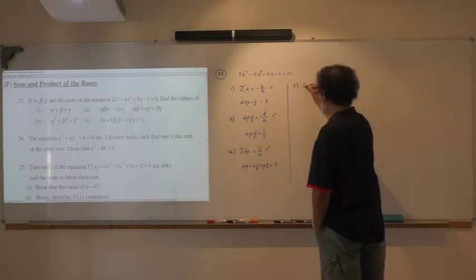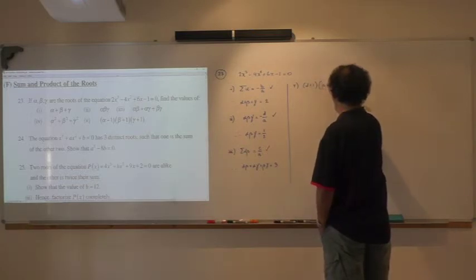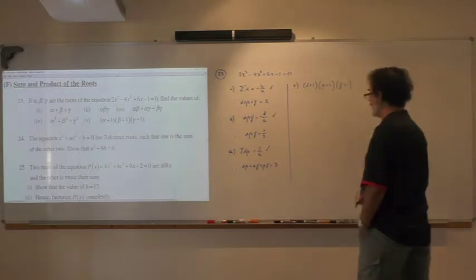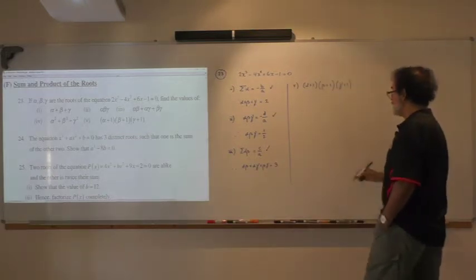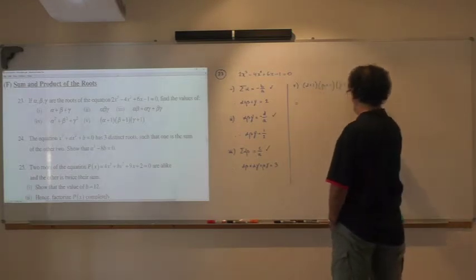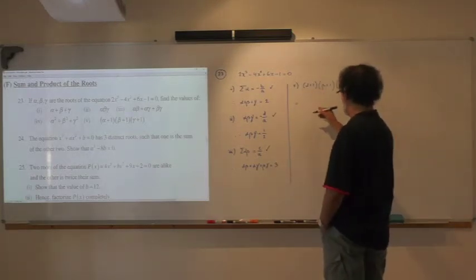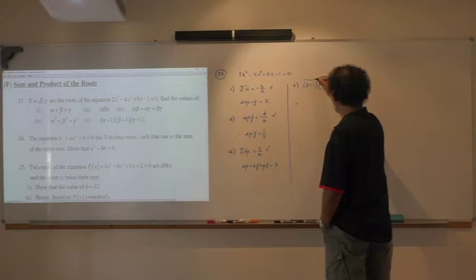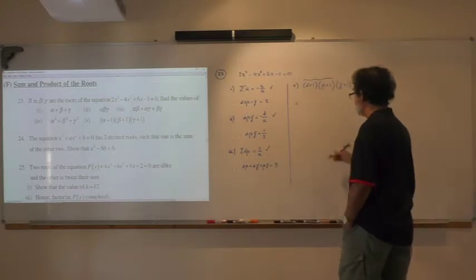So we need to find the answer for alpha plus 1, beta plus 1, and gamma plus 1. If you expand this, let's expand this bracket first, so that may help you.